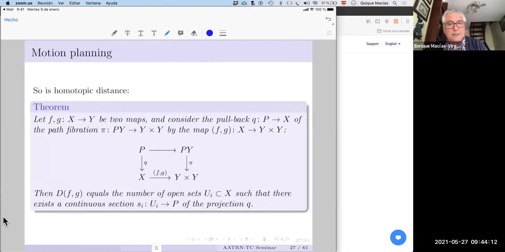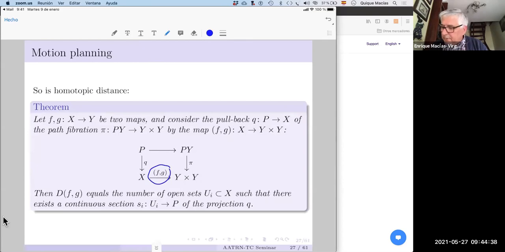If you have two maps and you consider the pullback of the path fibration by this map, which has components f and g, then the distance between f and g equals the Schwarz genus of the pullback fibration. That means the number of open sets in X such that there exists a continuous section on each open set.